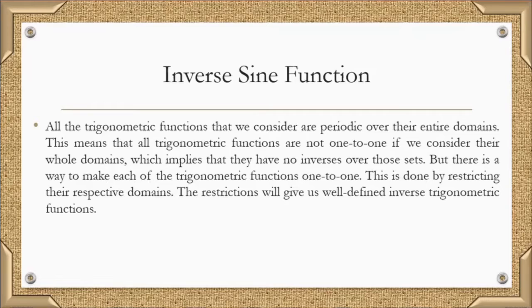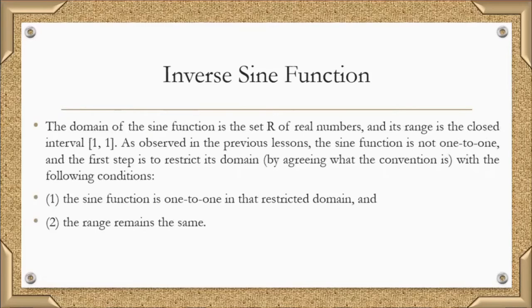Kasi di ba hindi naman lahat ng trigonometric function ay one-to-one. So para makapasok tayo sa tinatawag na one-to-one function, magkakaroon lang tayo ng tinatawag na restrictions about the domain. So the domain of a sine function is the set of real numbers and its range is the closed interval negative 1, 1.